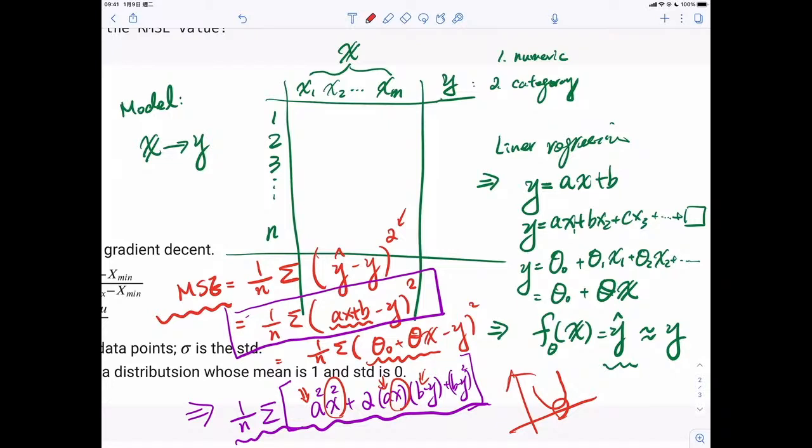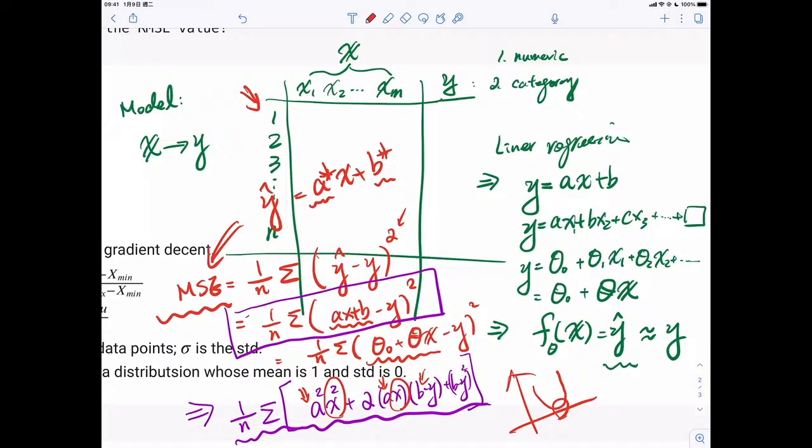However, there should be an A star and a B star, the optimized values, which can make the MSE value the minimum. At that point, we find the optimized parameters of this linear regression. So A star and B star are the optimized values. Usually we believe A star and B star give the best linear regression line for this data set.